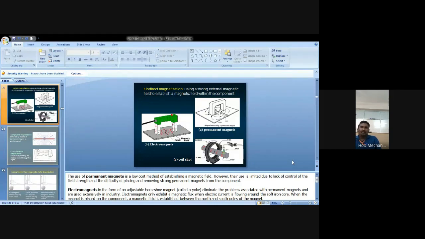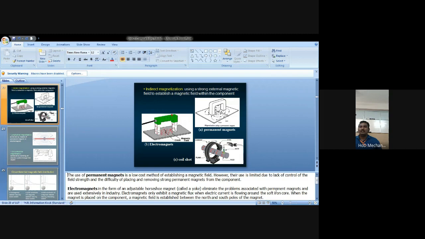Another one is the electromagnet. We already discussed the electromagnet, and once again, the electromagnet in the form of an adjustable horseshoe magnet, like a horse's shoe, so it is called a horseshoe magnet. It is also called a yoke. Another name of this type of electromagnet is a yoke.